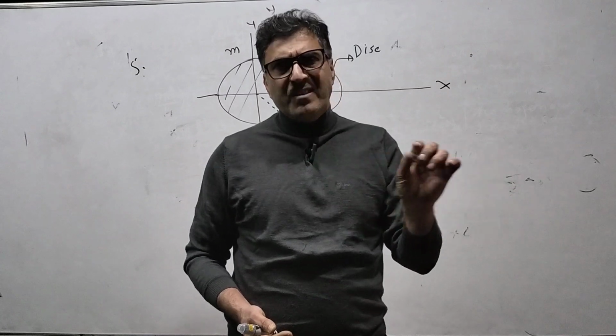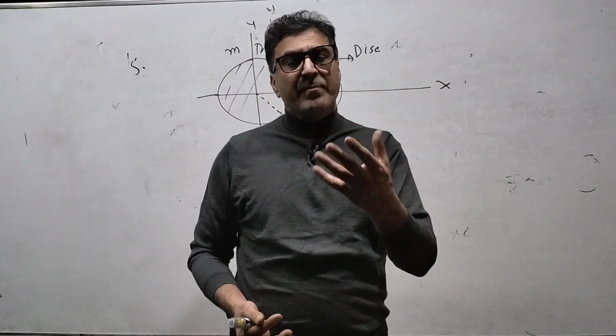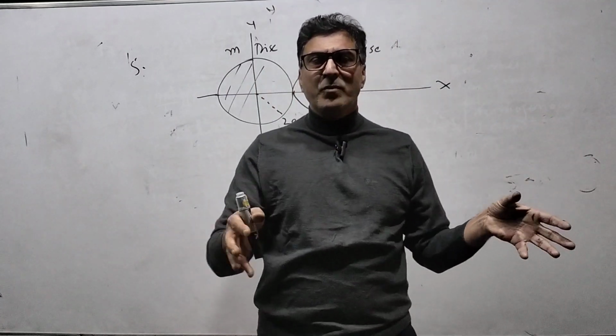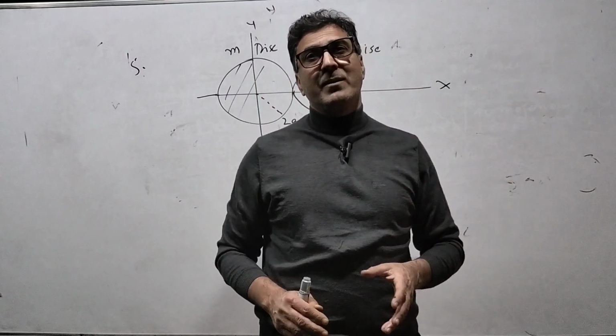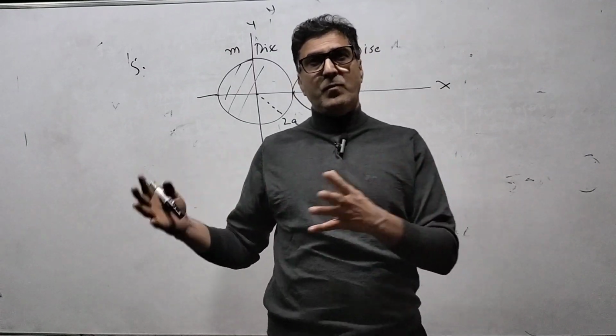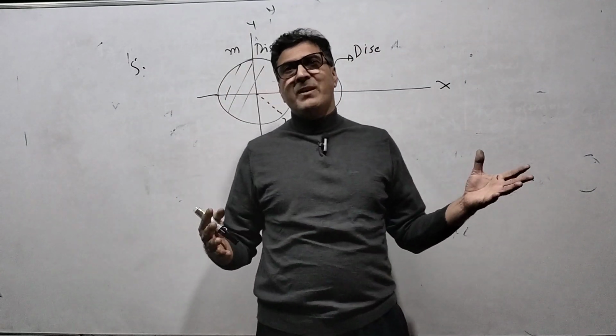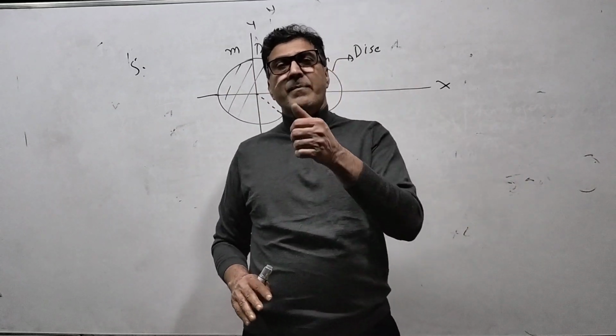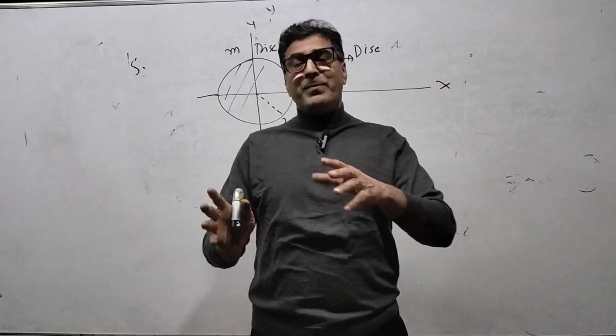If there are not rods or disks, let there be 3 spheres. In case of 4, 5 spheres, we can use the formula in terms of volumes. V1 x1 plus V2 x2 plus V3 x3 plus V4 x4 divided by sum of the volumes. So the equation can be written in terms of masses, lengths and areas and volumes if they are homogeneous.